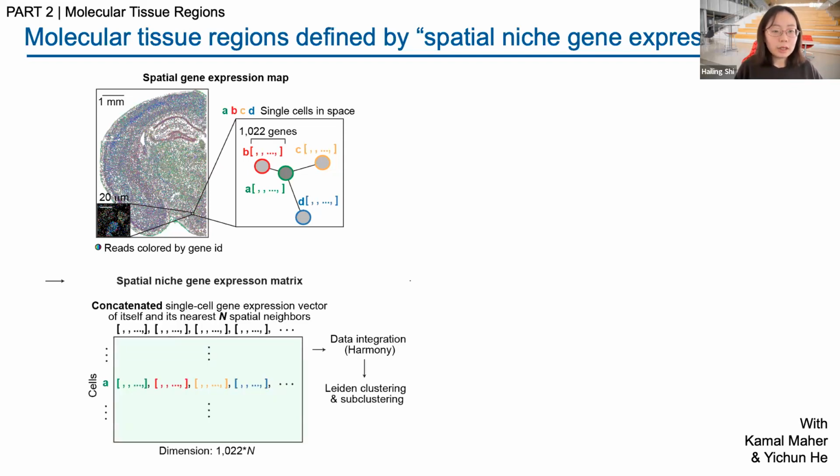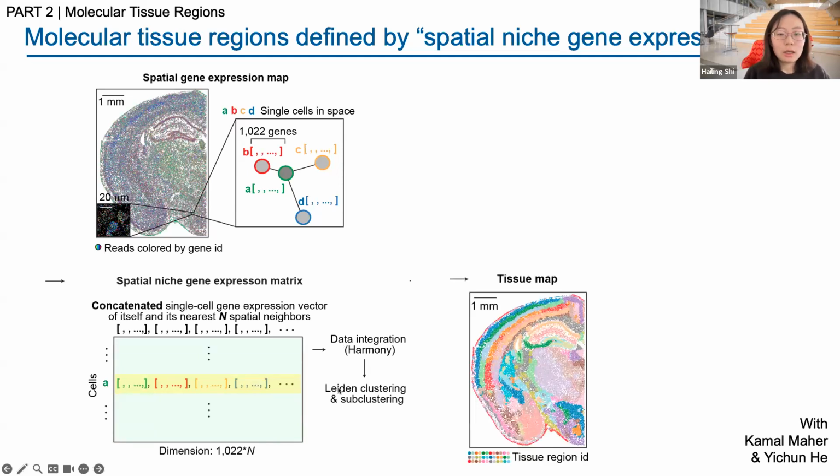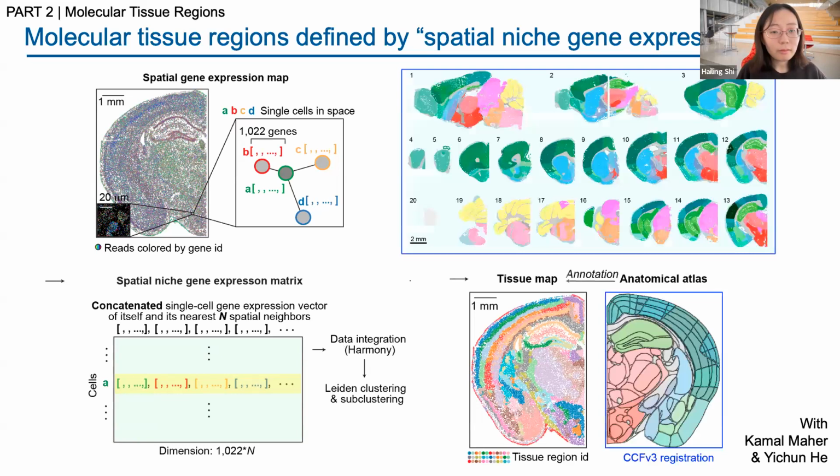We concatenated the single-cell gene expression vector of a center cell with the surrounding cells, ordered by the distance they have from the center cell. So by clustering the cells using this huge concatenated single-cell gene expression vector and matrix, we're able to define the tissue regions by their molecular spatial gene expression.